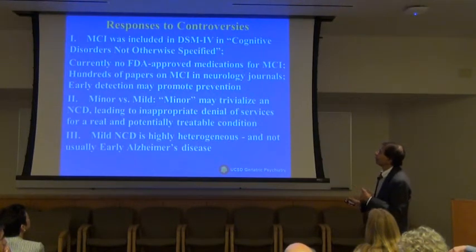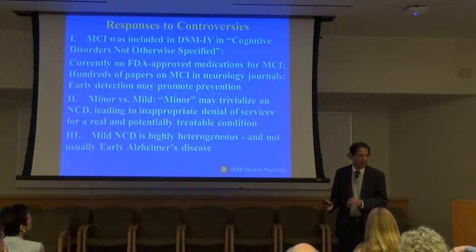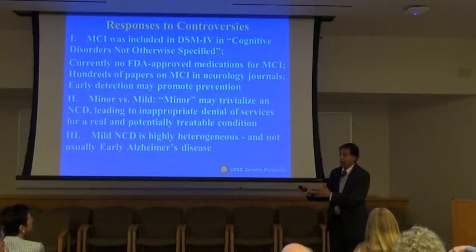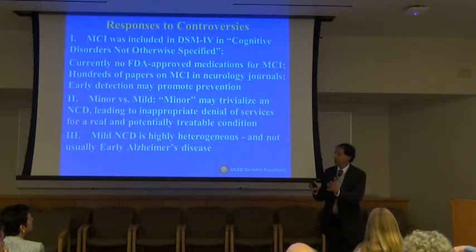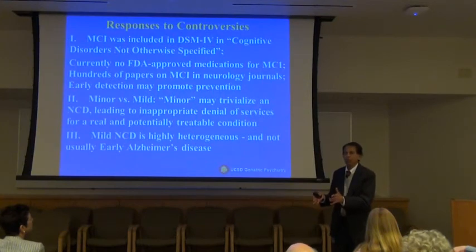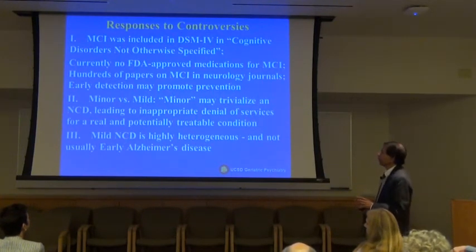Clearly, I think most people do accept that there is such a thing, that between normal aging associated cognitive impairment and dementia is an intermediate stage. And if we can diagnose it, we can do something. That doesn't mean giving medication, but that's the way in which we can at least begin some preventive efforts.